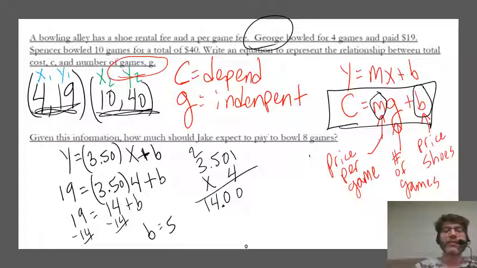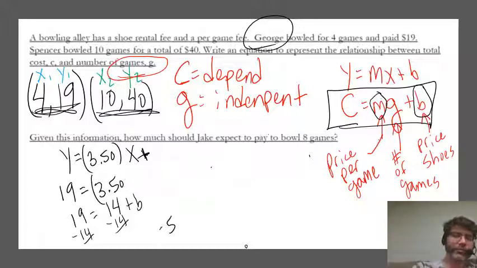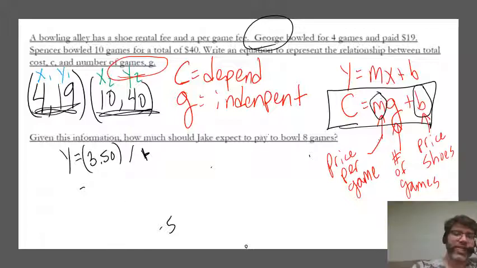So what does that mean? It means it costs $5 to rent a pair of shoes for the evening. Okay, so now I can create an entire equation that represents what's going on here. So it's y equals $3.50 times x plus 5.